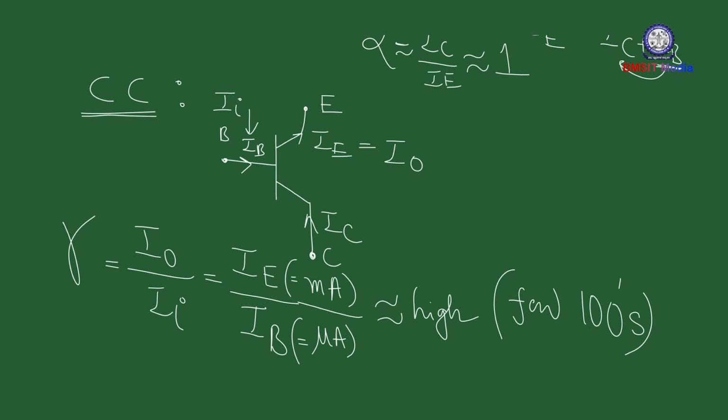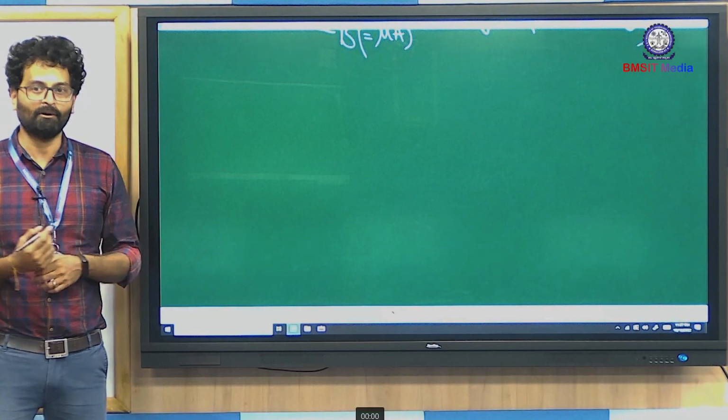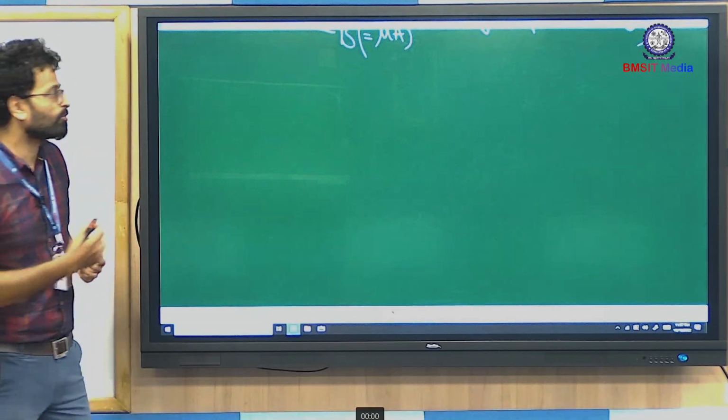All right, so now that we have seen the 3 different configurations, we can actually look into the operating point. The operating point is basically found in the transistor output characteristics. So to talk about operating point, we should have the transistor output characteristics.